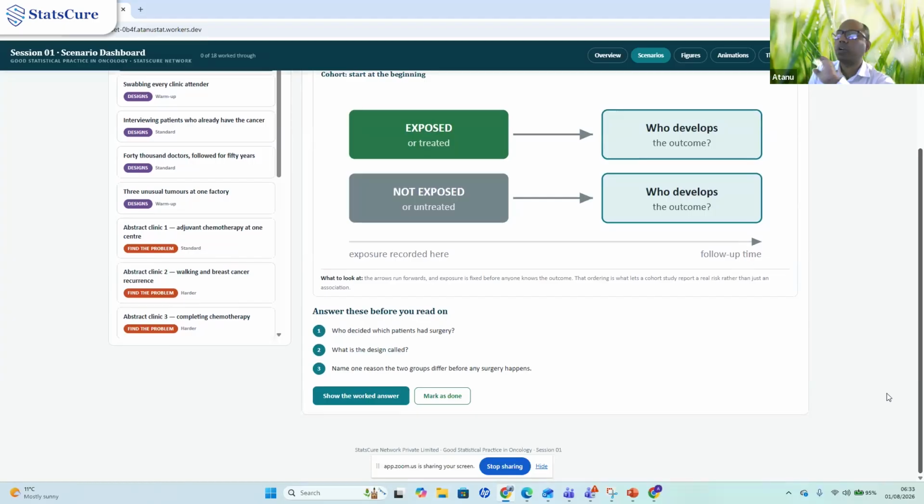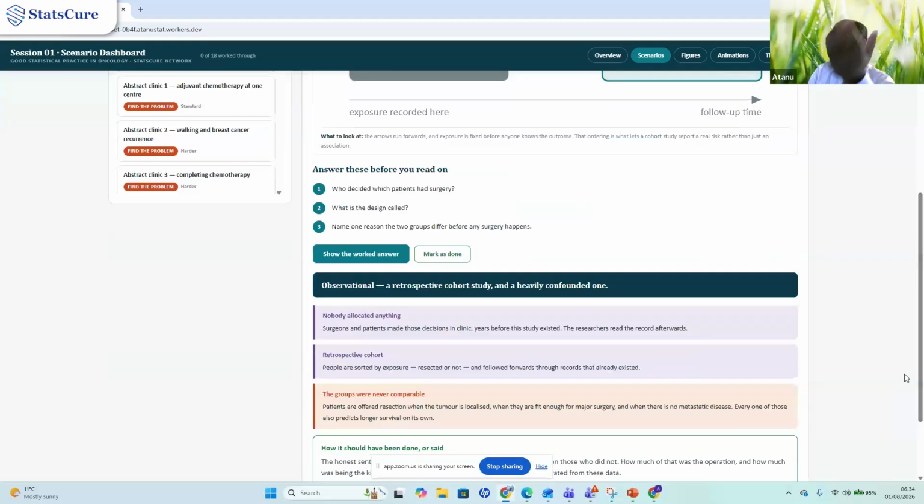Obviously, we are not, because we are using retrospective data. So these are already predefined. And what is that design called? It is basically a retrospective study design, a retrospective cohort. Nobody allocated anything, because the surgeon and patient made those decisions in clinic years before this study existed. The researcher read these records afterwards.